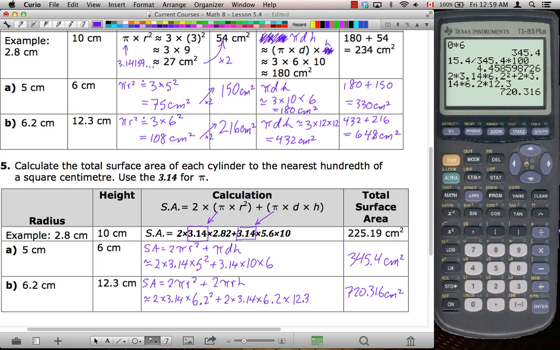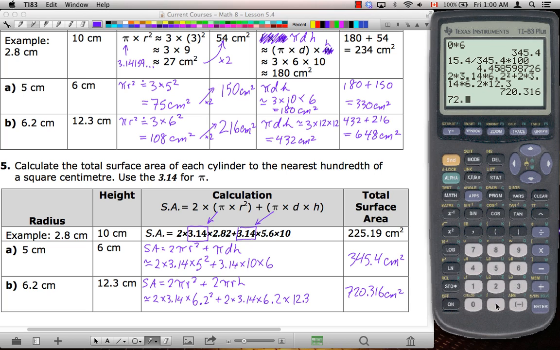Compare that with 648. You can see that it's off by a little bit, 72.316. So it's off by a little bit more this time. 72.316 out of 720.316 as a percent is 10% error.